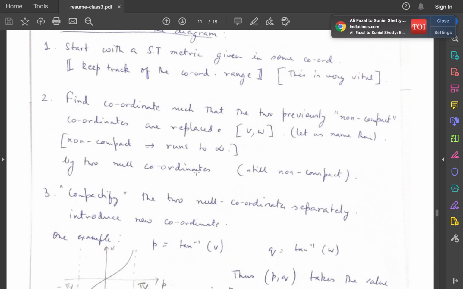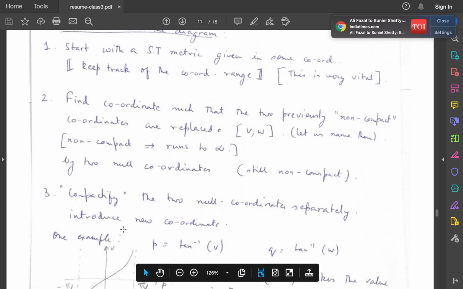Still they are non-compact, but now they are null coordinates. Remember that this is the important point. Now the third step of the recipe: we should compactify these null coordinates. This should be done separately.